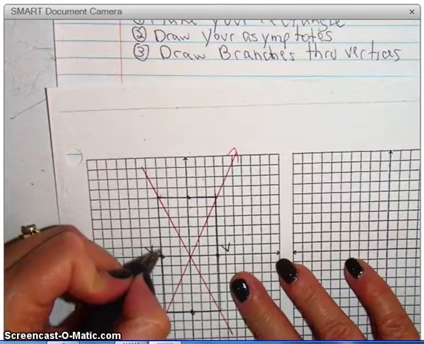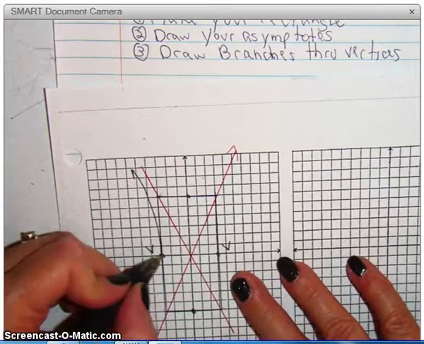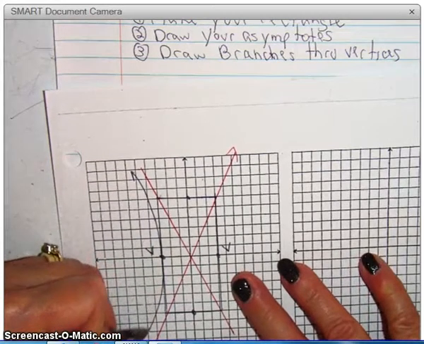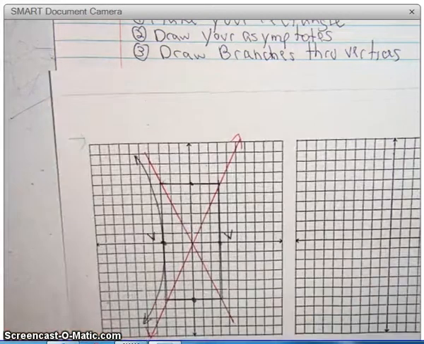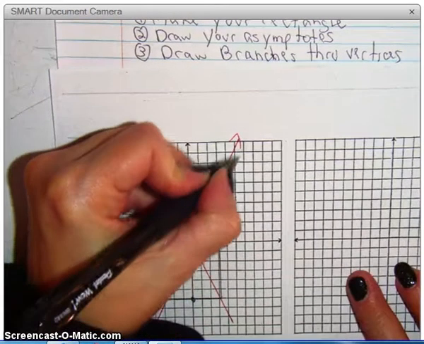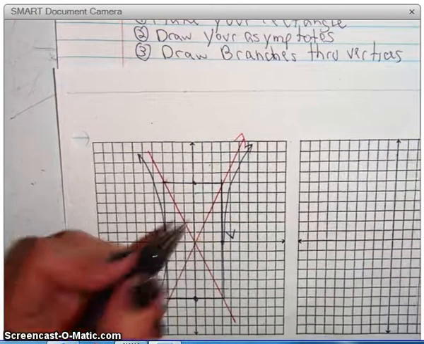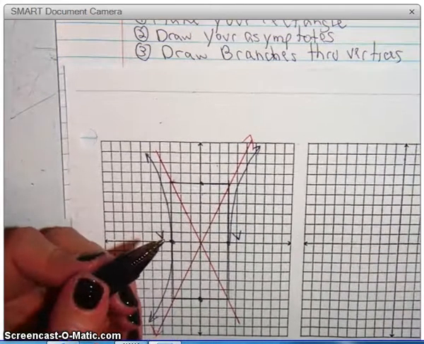So you have to stretch it out so they come very, very close to the asymptotes. But they do not touch. Otherwise, Mrs. Cook will zap you.